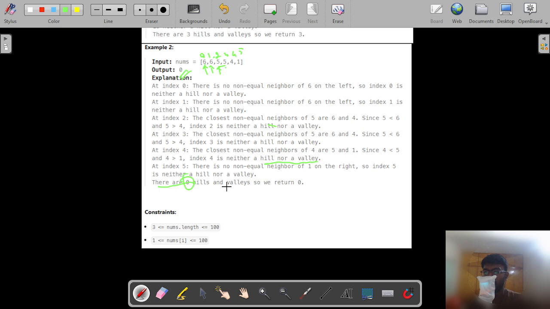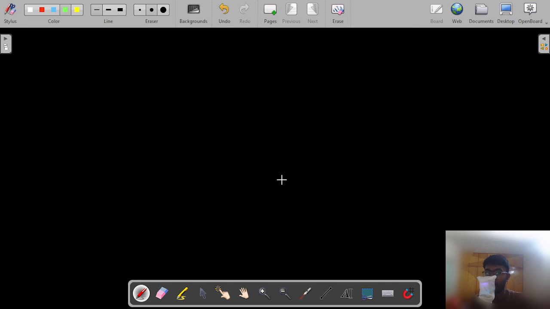So we need to come up with a few patterns to understand if we need to call a specific index a hill or a valley, right?